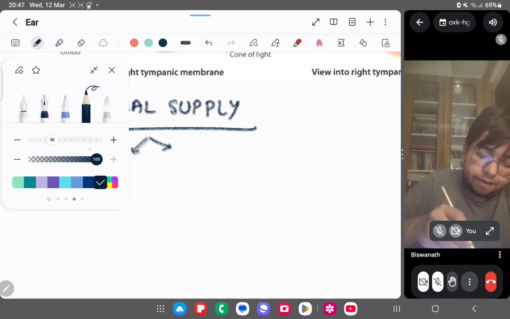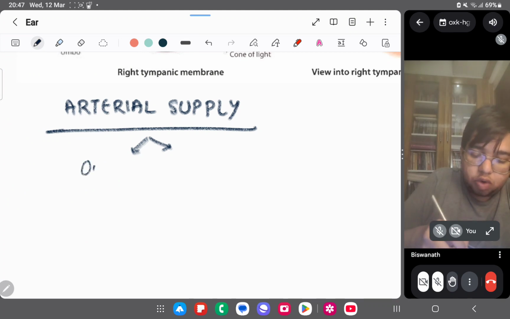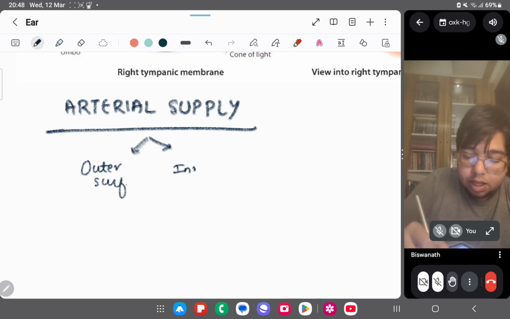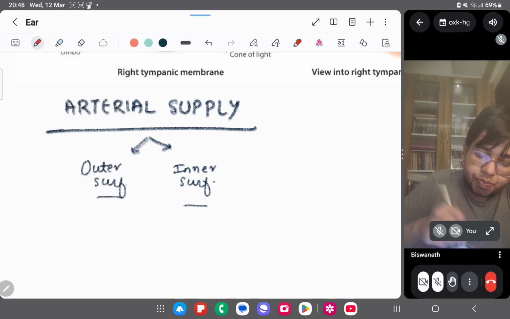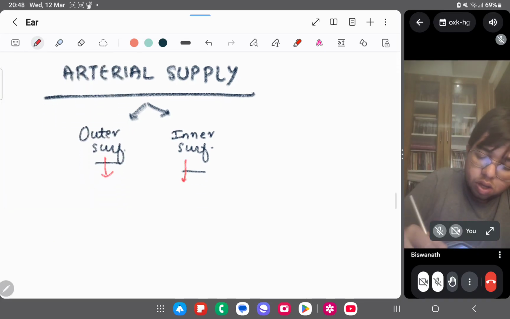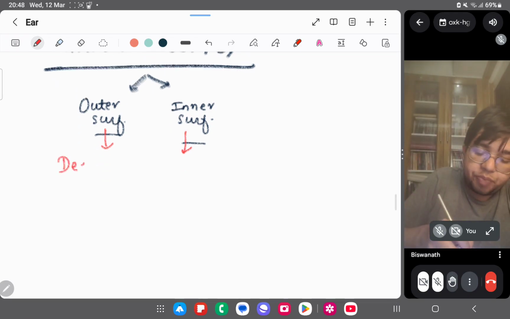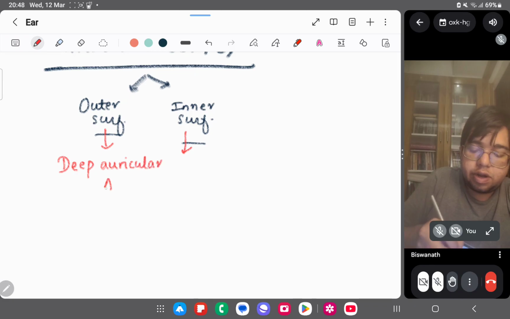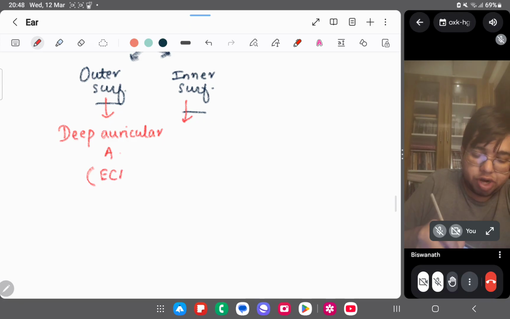So here you have the outer surface and the inner surface. The outer surface, I told you, is supplied by the deep auricular artery, which is a branch of the external carotid artery.